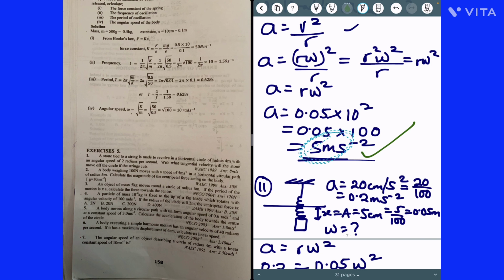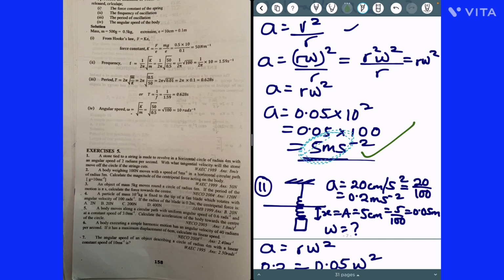If the radius of the blade is 0.4 meters, find the centripetal force.